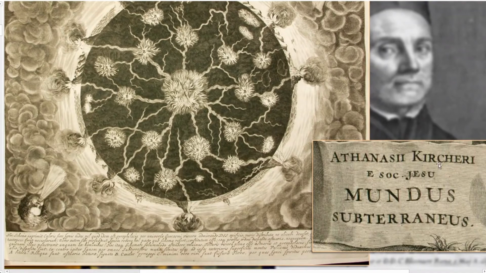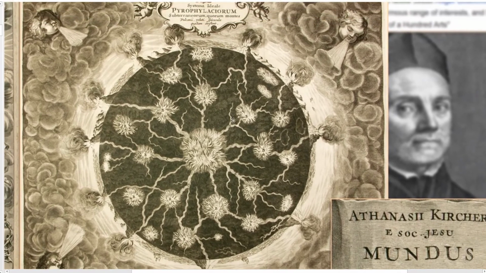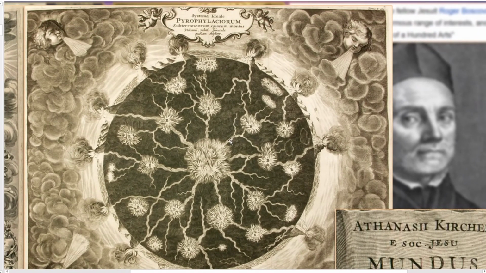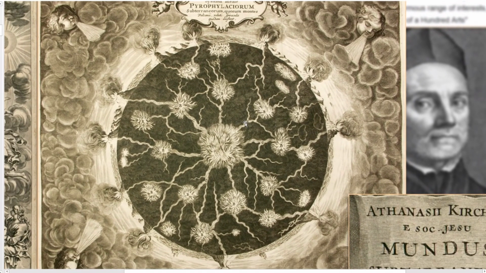sorry for the pronunciation, Kircheri, Mundus Subterraneus. This guy was one of the first in our society to promote this. And you can see the spherical Earth, the volcanoes, having the veins into some of the deposits of fire, and that deposit connects to a big deposit of fire.